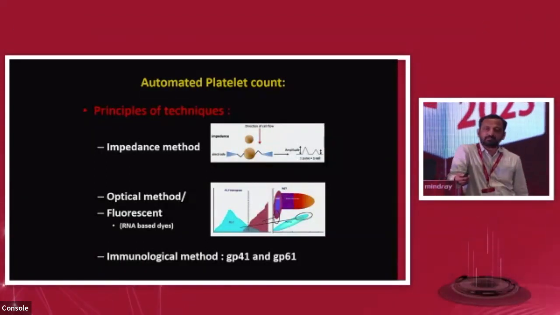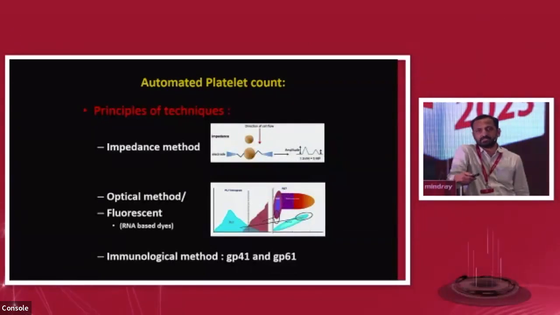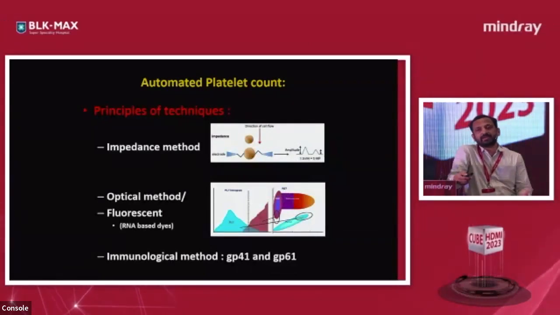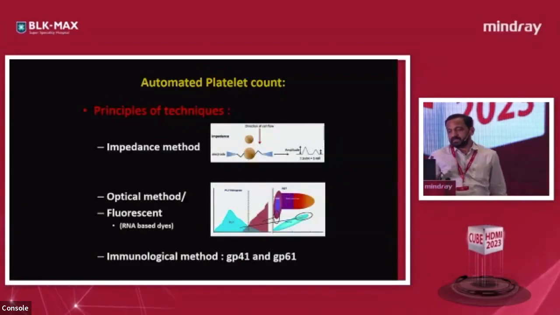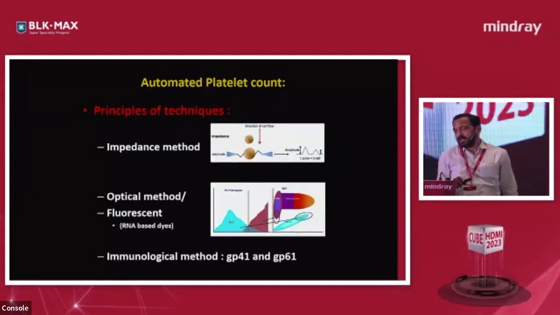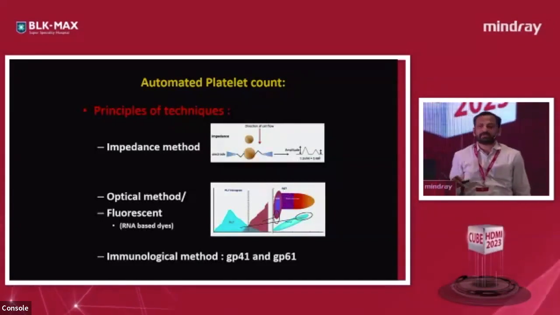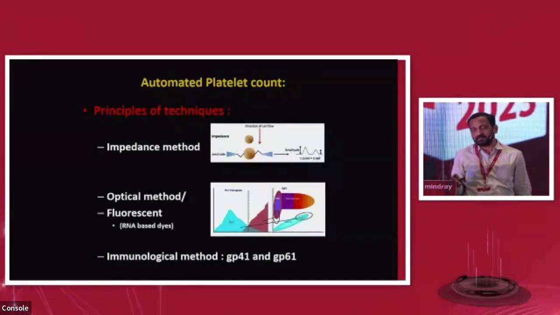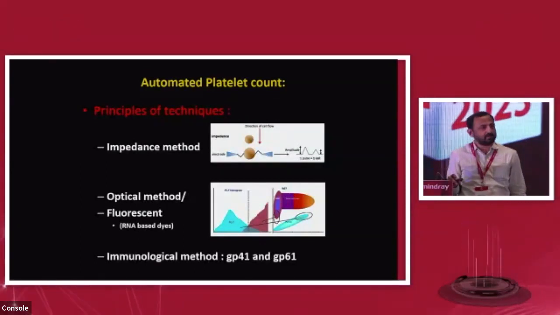In the optical method, the polymethine dye is used, and in the fluorescent method, oxazine dye is used. And the discriminator is set in such a manner that the platelets are counted in the fluorescent channel. And the third method is the immunological platelet method, which is the most accurate and the recommended reference method for the establishment of the platelet count.